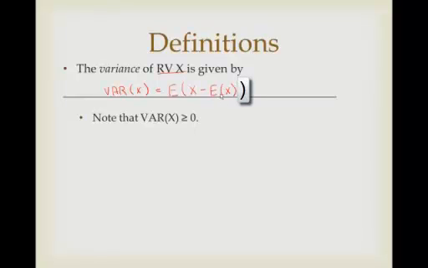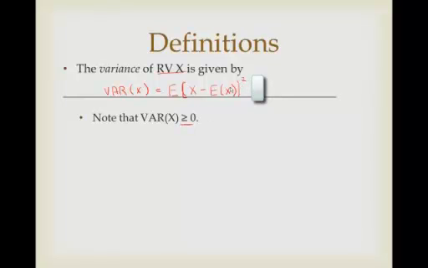So this gives us a little bit of a gauge of how much any particular value is different from the average value. We'll take that, we'll square it to make it so it's always positive, right? And that's our variance right there. And we notice that the variance has always got to be greater than or equal to 0, and we did that cleverly, and that's why we squared it.